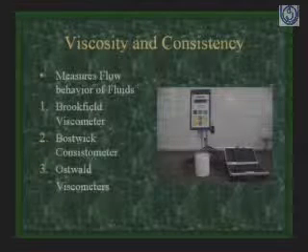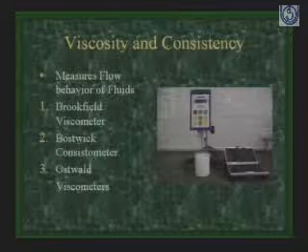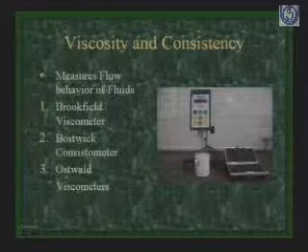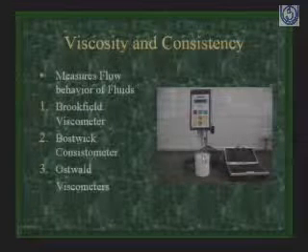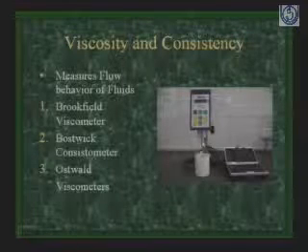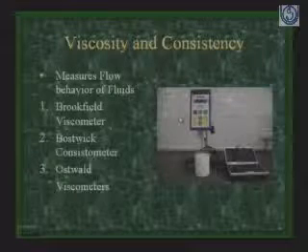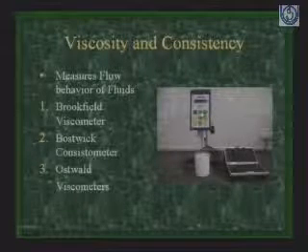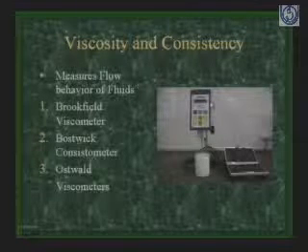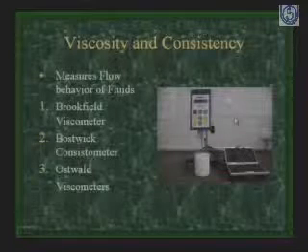If you see in this picture, there is a viscometer, and we are measuring the viscosity of a liquid gum sample, and these are the different types of spindles. These viscometers can measure the viscosity of a product from 100 cPs to 1 million cPs. So we can measure a wide range of viscosity with this equipment.